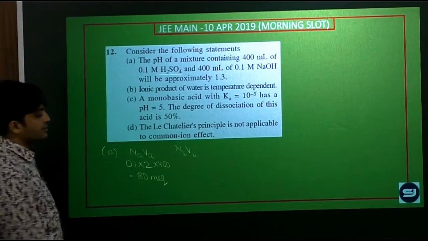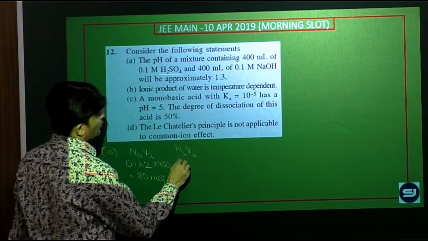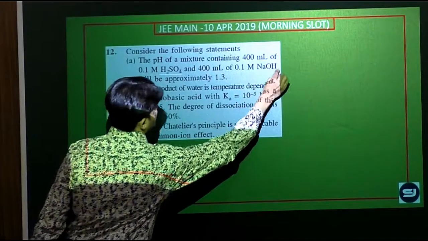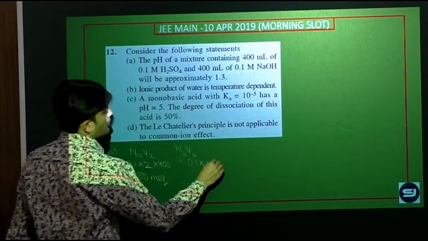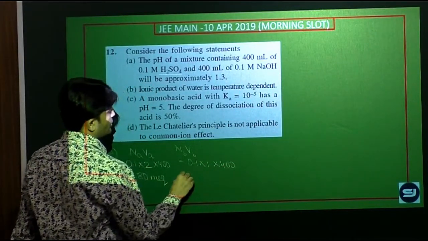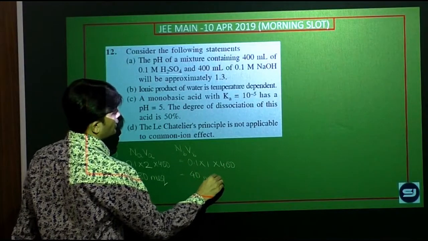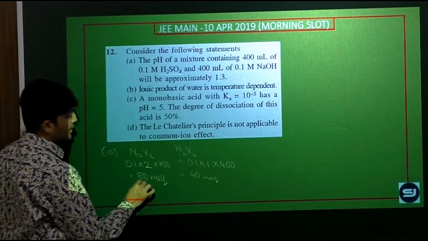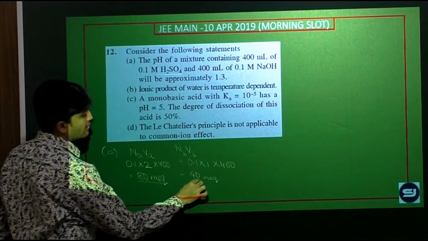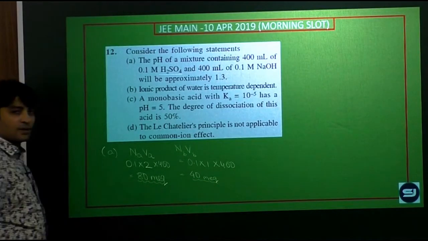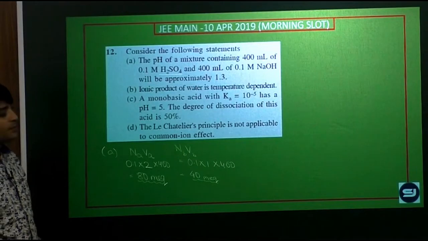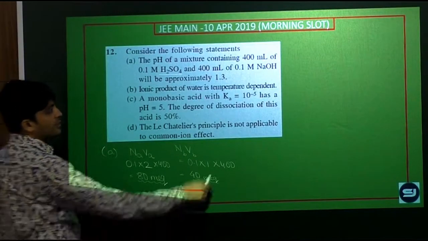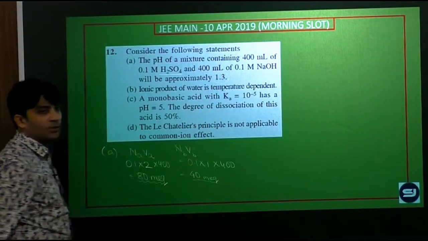NbVb for the base will be 0.1 into 1 because for NaOH n factor is simply 1, multiplied by 400, which is equal to 40 meq. Now from the equivalents, we clearly understand that the equivalents of the acid are higher than the base, so the solution will have more H plus and the pH is going to be less than 7. Still we need to check whether it's exactly equal to 1.3 or not.